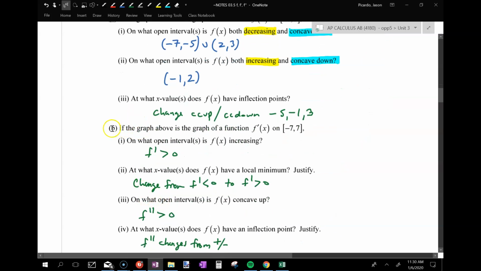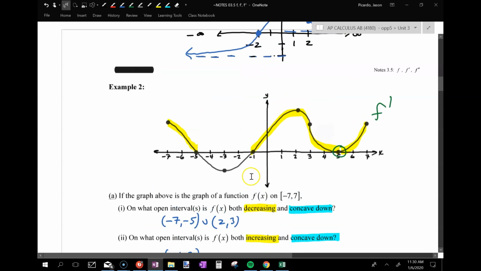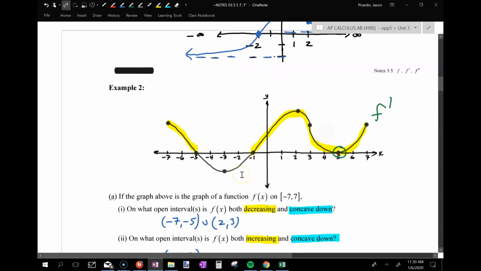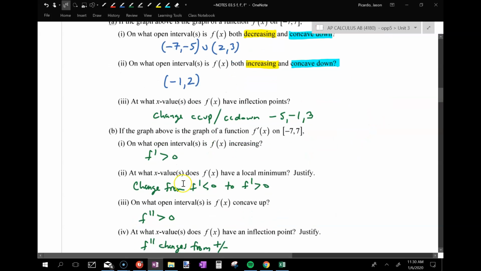Read the directions. B, if the graph above is the graph of the function f prime of x. So we just changed the scenario, right? We changed the scenario. This is no longer the original graph. This is a totally different question. Got it? So where is this graph greater than 0? From -7 to -5.